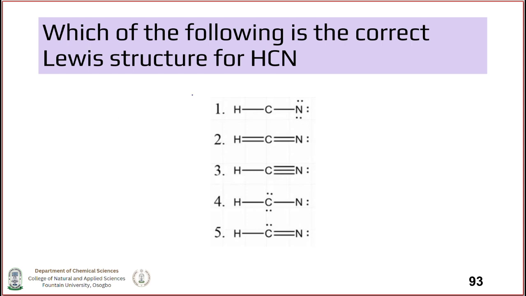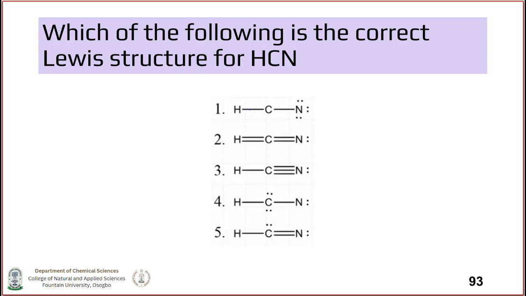Which of the following is the correct Lewis structure for HCN? We want to combine what we did in the past to get the Lewis structure for HCN. We may not need to draw; we can look at the right option here, or we will draw afterward.